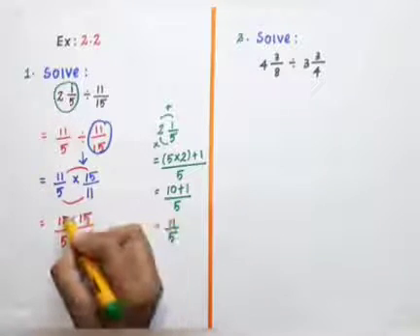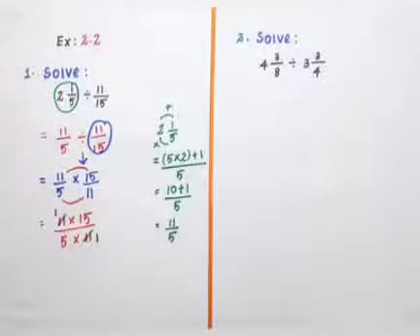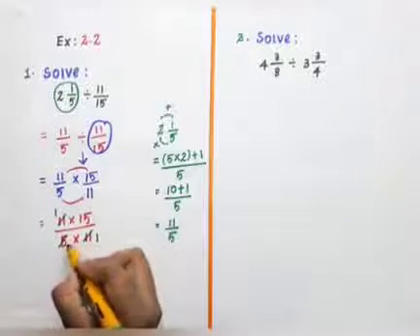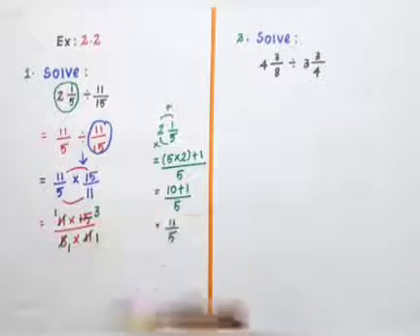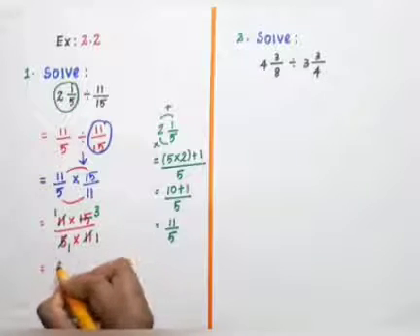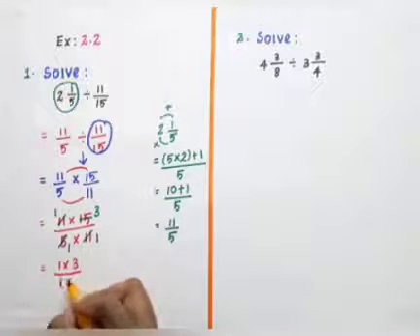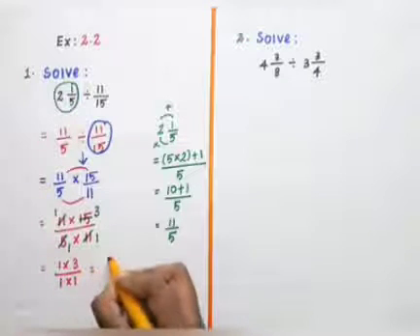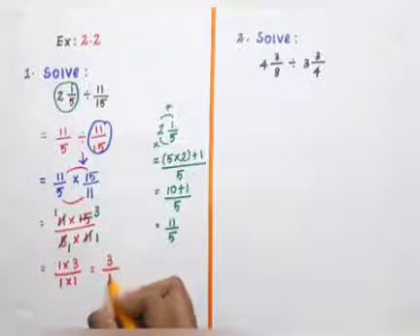Here 1 times 11 and 1 times 11, and then 1 times 5 and 3 fives are 15. The remaining is 1 into 3 divided by 1 into 1. This is equal to 1 three is 3 divided by 1 into 1, 1.